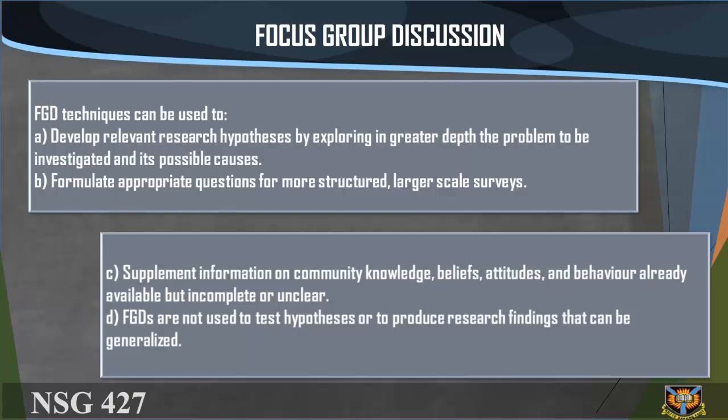B. Formulate appropriate questions for more structured, larger scale surveys. C. Supplement information on community knowledge, beliefs, attitudes, and behavior already available but incomplete or unclear. D. FGDs are not used to test hypotheses or to produce research findings that can be generalized.